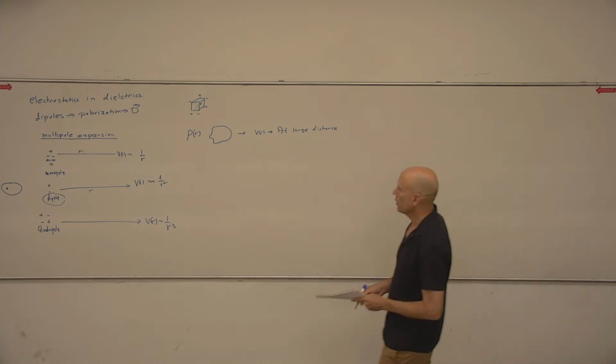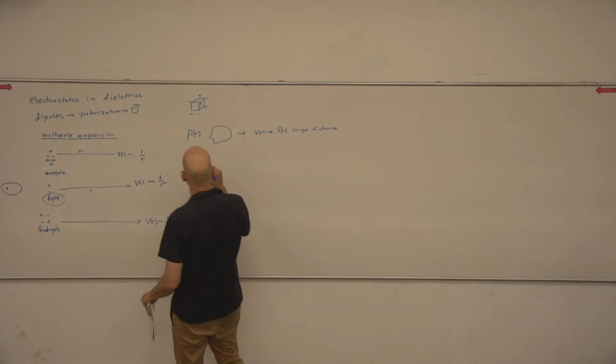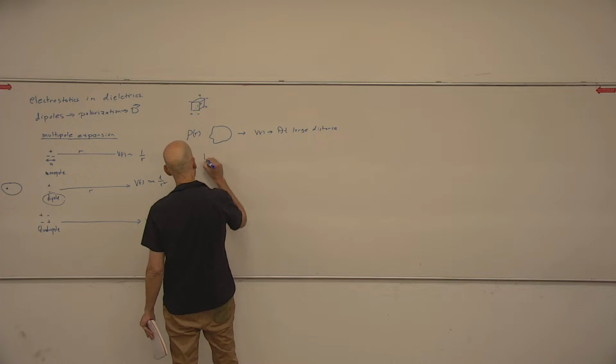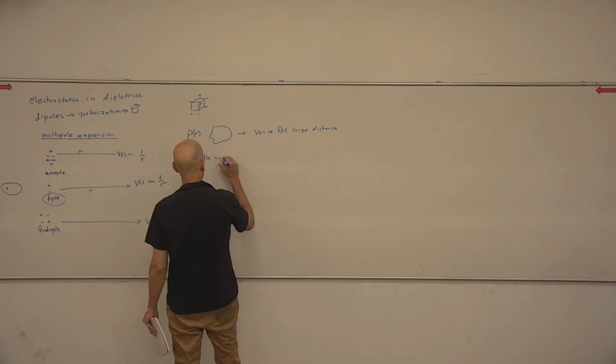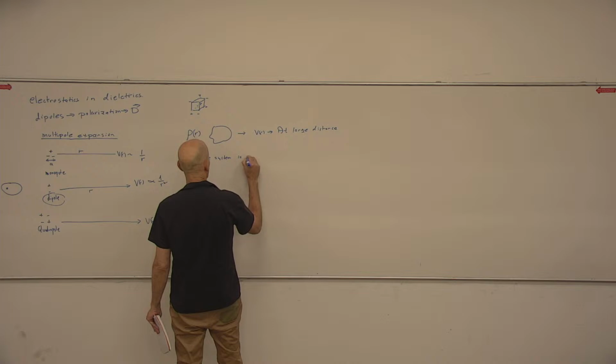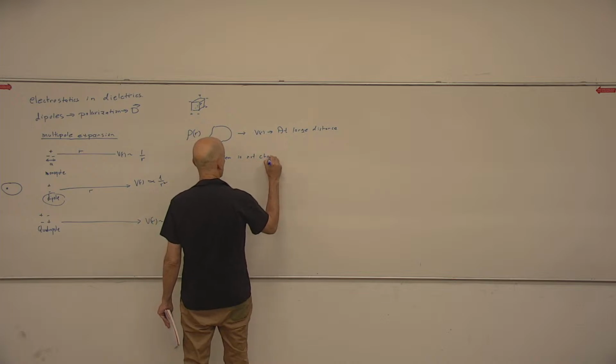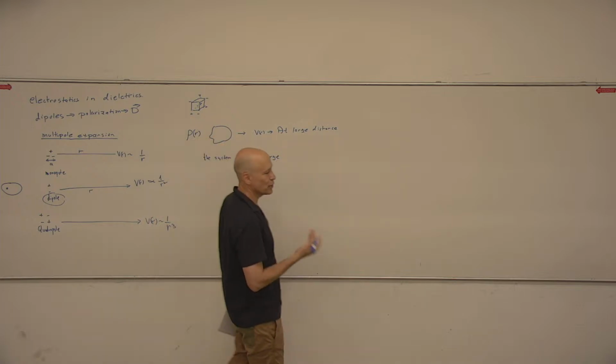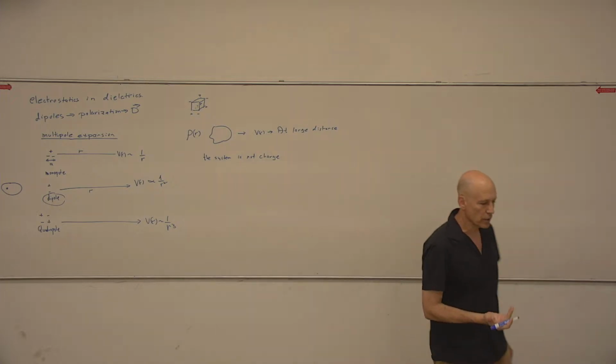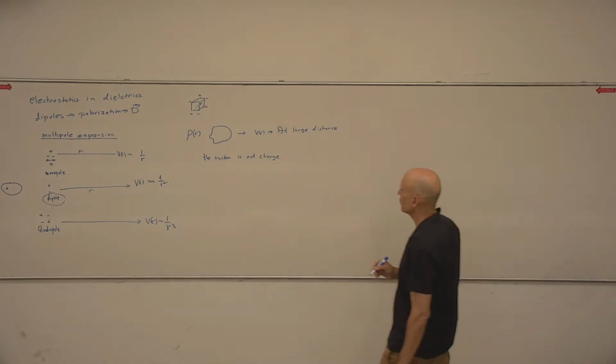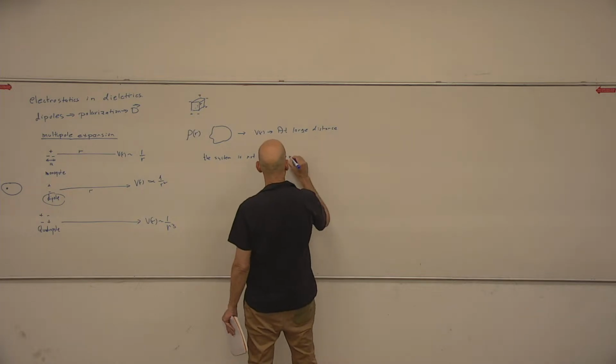So the game is, again, the system is not charged. What I mean is, of course there is some charge, but the total charge is 0, then the monopole will vanish.